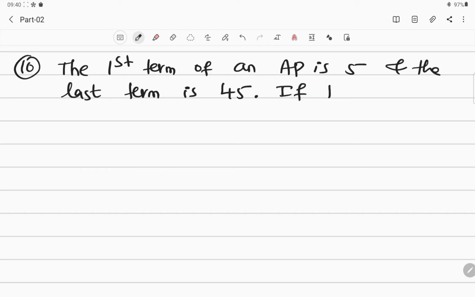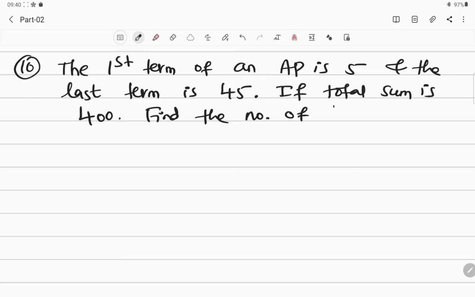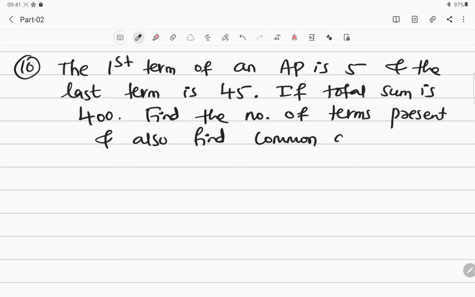If the total sum is 400, find the number of terms present, and also find the common difference. Okay, so these kinds of questions are quite common in your board exams and all.